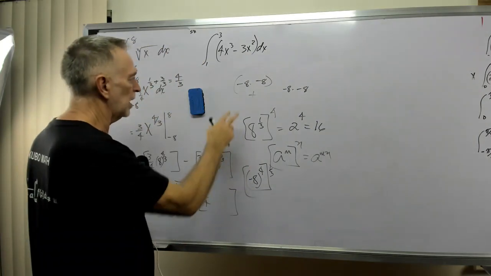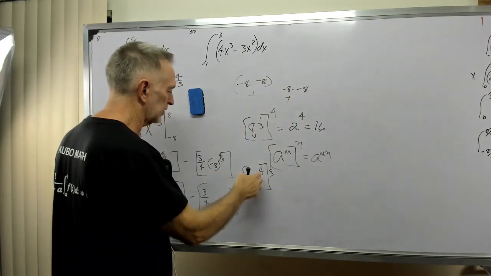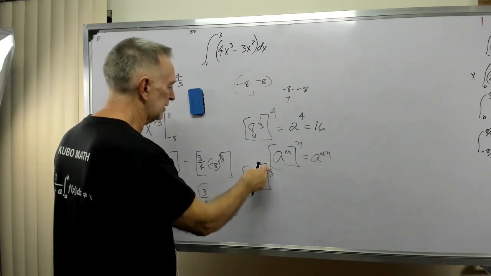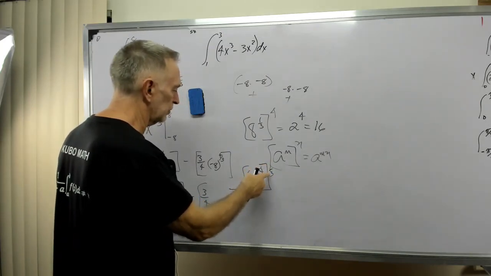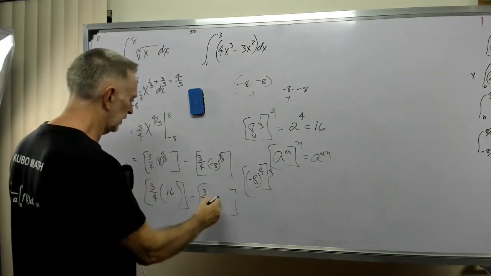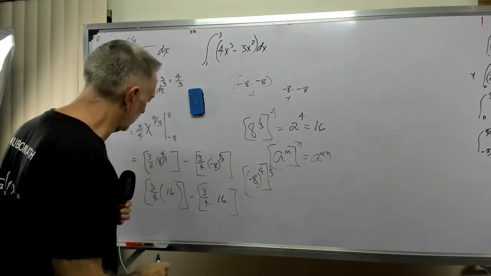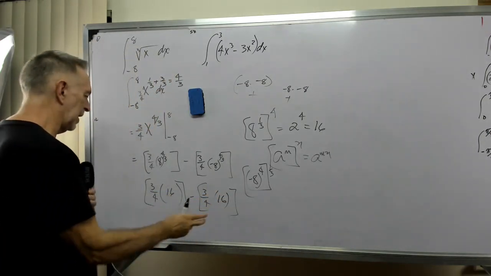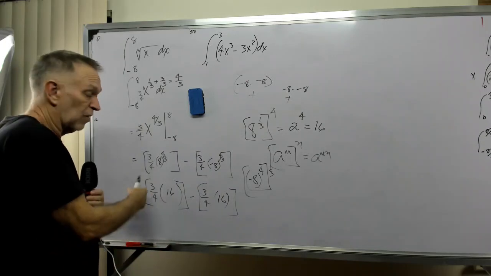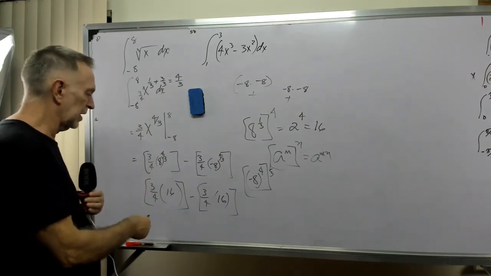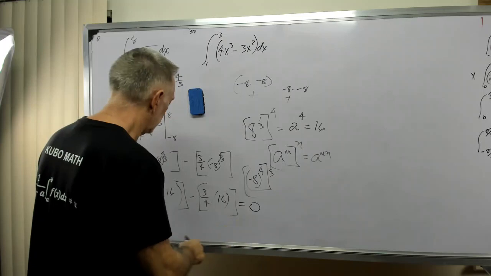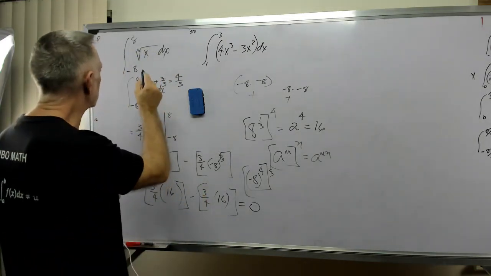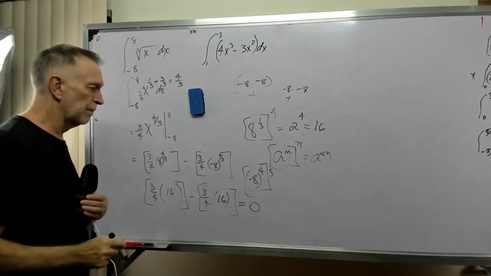So a positive times positive obviously is positive. So the result of this would be positive. And then if I take the cube root of that result, I also end up with 16. I end up with the same number I had here. So a minus a gives me 0. So I don't have to take the time to multiply all this out. What's in this parentheses is the same as what's in this one. So the result of this integral is 0.